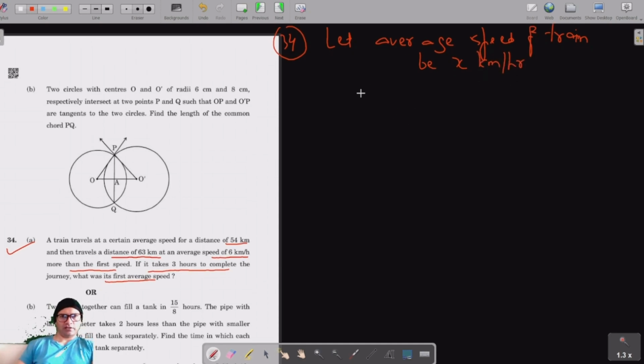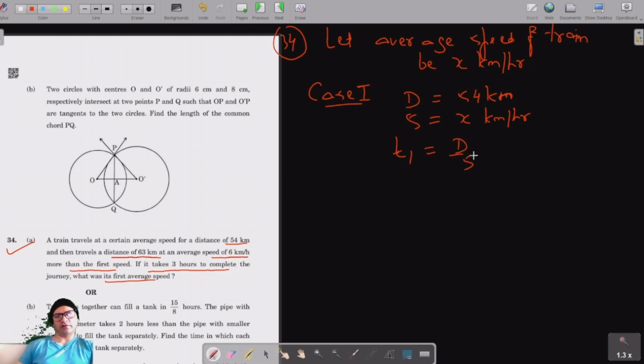Now, for the first case, the distance was 54 kilometer, and the speed is x kilometer per hour. So time taken is distance by speed, which is 54 by x hours.